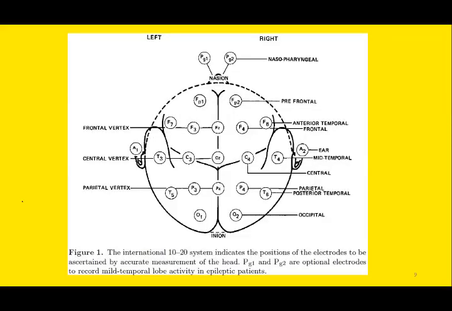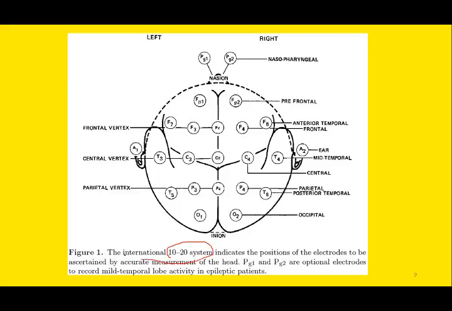So in your first year MBBS, you must have learned the procedure of electrocardiography by different electrodes over the limbs and electrodes over the precordium. This is the electrode placement for electroencephalography, and this system is known as the 10-20 system.